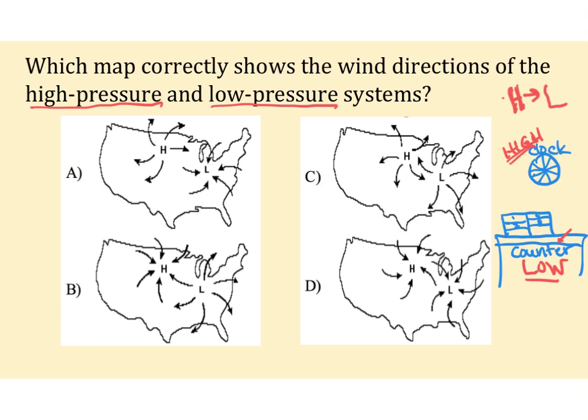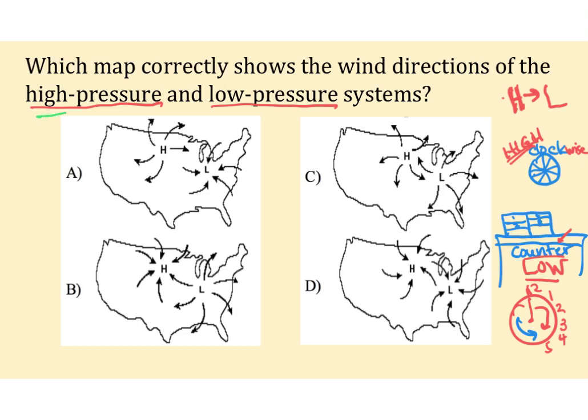So I always remember high pressure systems go clockwise and low pressure systems go counterclockwise. Now, if you don't know what clockwise and counterclockwise mean, it's just the way a clock goes. So clockwise just means 1, 2, 3, right? So this is clockwise, going around the clock, versus counterclockwise, which is just going counter to that. It's going the opposite direction, okay?